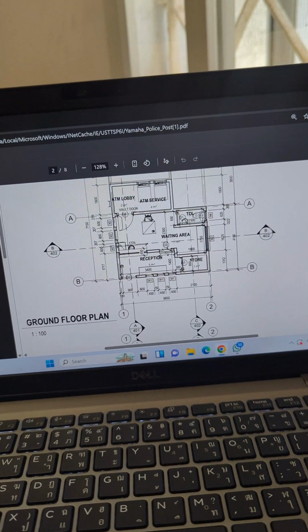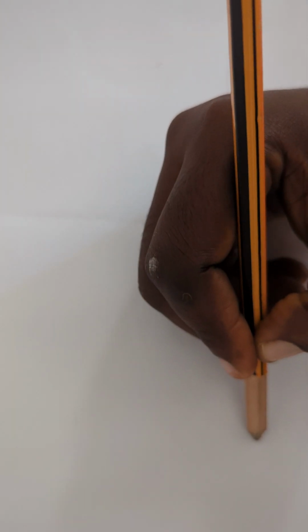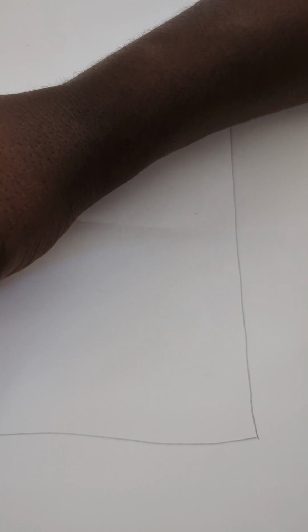So I'm going to show you the drawing real quick. All right, so remember that this side was 5650 and this side was 7150. Let's assume that we have the 5650 this way, and then we have the 7150 this way.